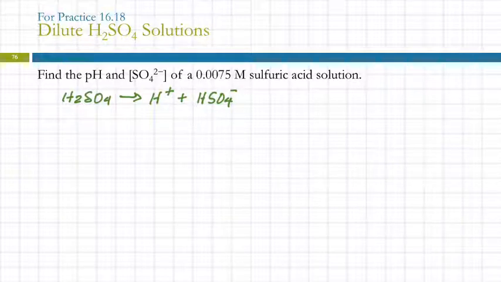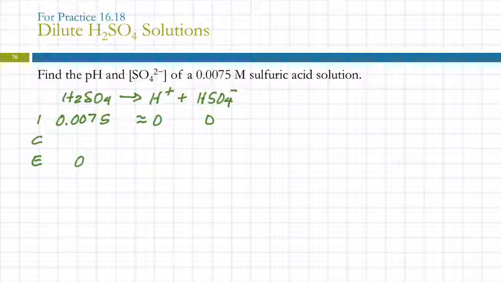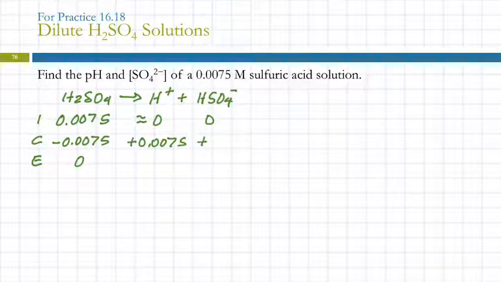We could still set up a nice table. The initial concentration of sulfuric acid is 0.0075. The initial concentration of the products is approximately 0. Here we know that it all goes to the right. Our ending concentration of sulfuric acid is going to be 0. So our change is minus 0.0075, plus 0.0075, and plus 0.0075.